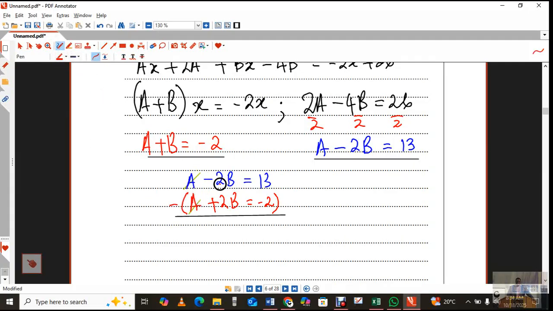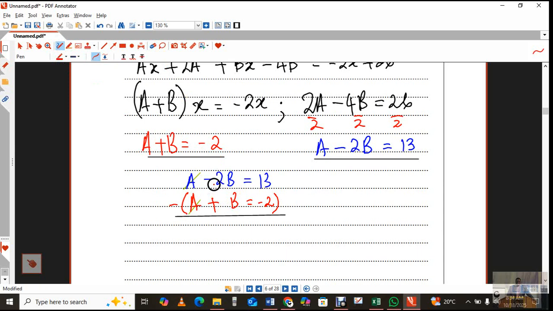And what we're left with is negative 2b minus 2b. That gives you, I don't know where this 2 is coming in. There's no 2 in this one. Okay, so I'm really wondering what's going on.